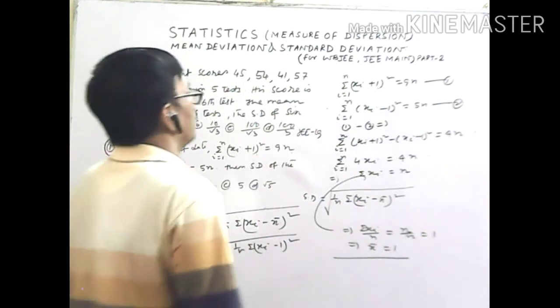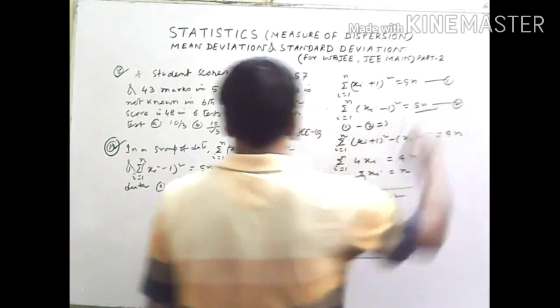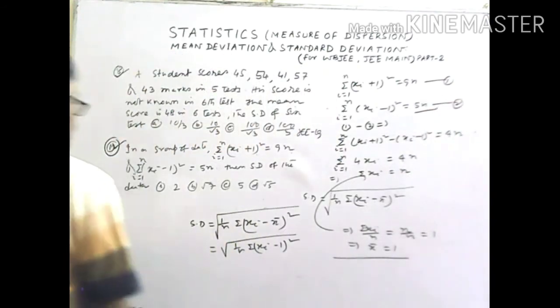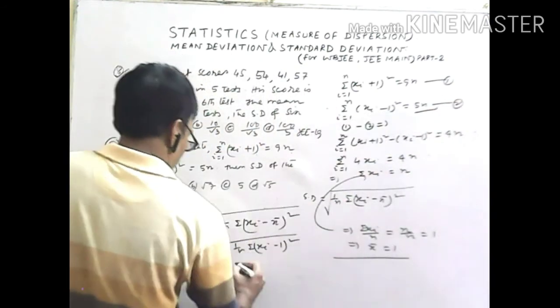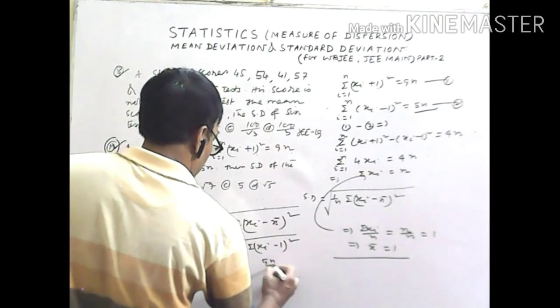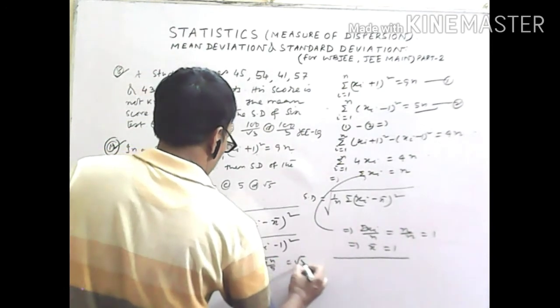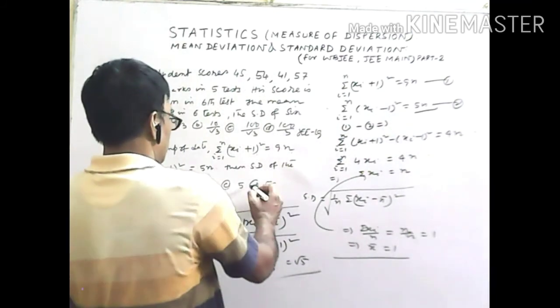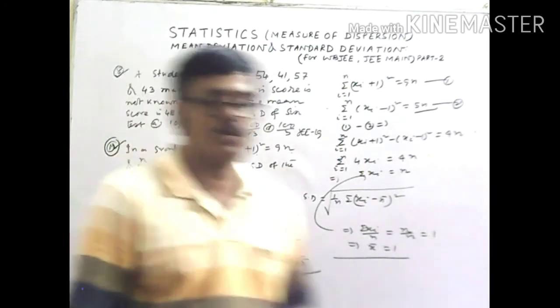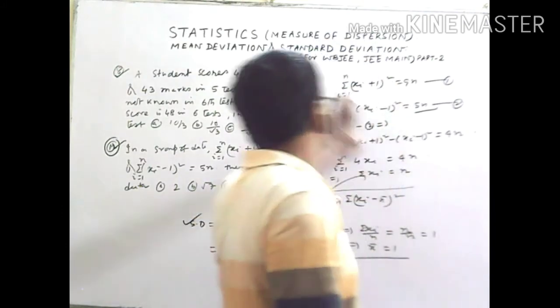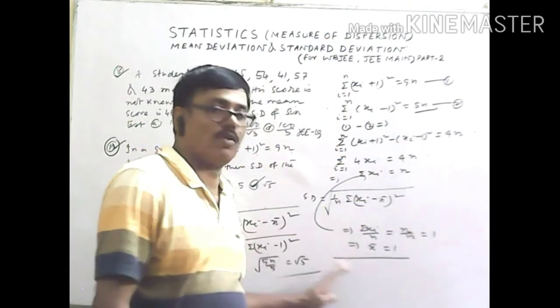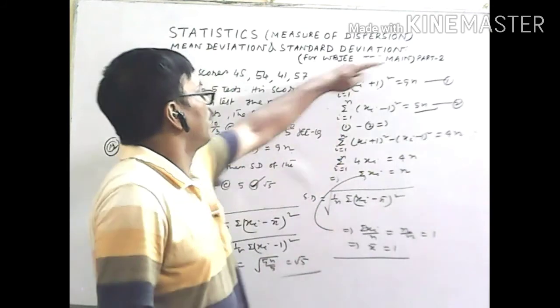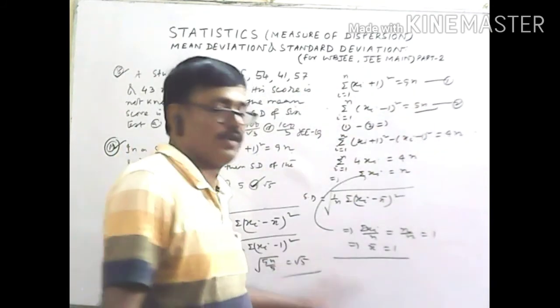Now from the given condition, this one is given as 5n. So this is 5n by n, which is 5, under the root. So standard deviation is root 5. So no need of calculating summation xi square. You can alternatively also calculate it by adding 1 and 2, but this is the simplest one.